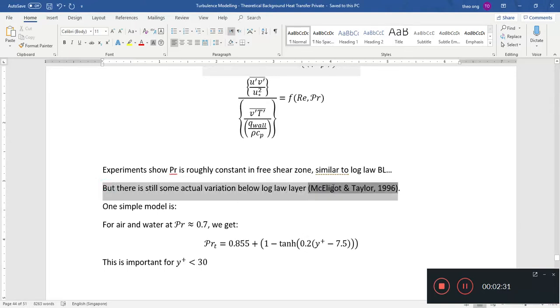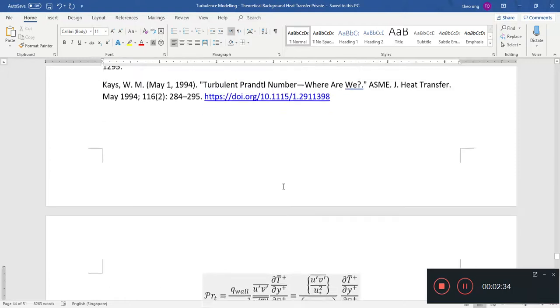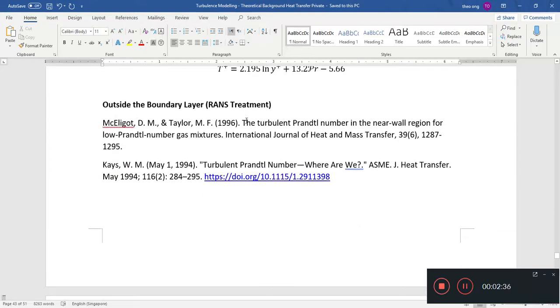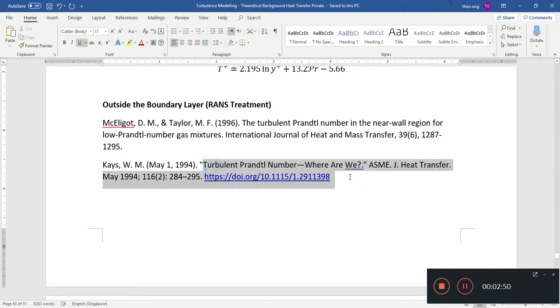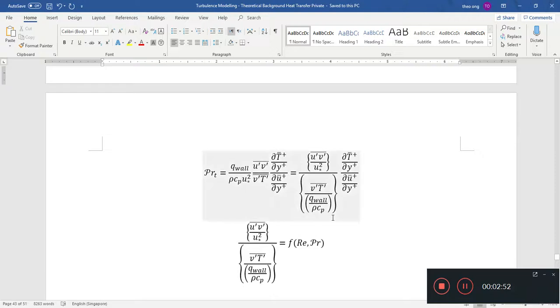According to this paper, one of the papers I want to introduce to you, it says here: the turbulent Prandtl number in the near wall region for low Prandtl number gas mixtures. This one is also good because it is about the turbulent Prandtl number. It is a very good summary paper to get you started into all these special cases.